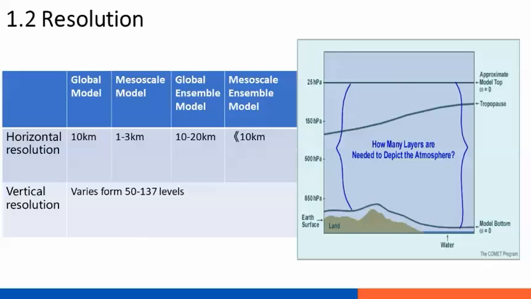Just as sufficient horizontal resolution is necessary to depict different atmospheric phenomena, the models must also be designed with adequate vertical resolution to forecast the vertical structure and the effects of a variety of meteorological events.